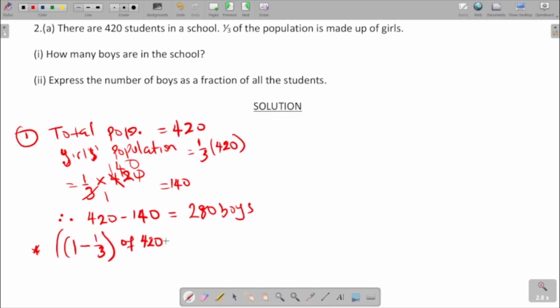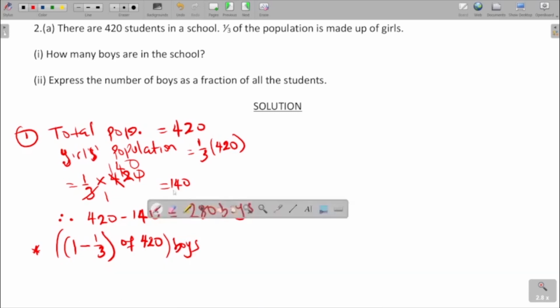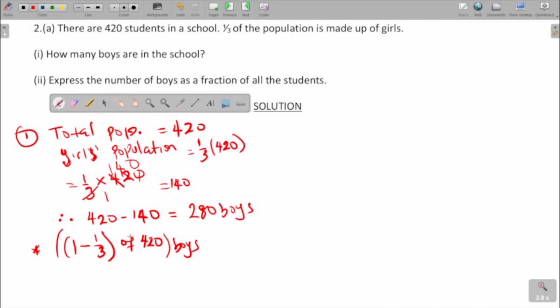That will be the boys. So 1 minus 1 over 3.